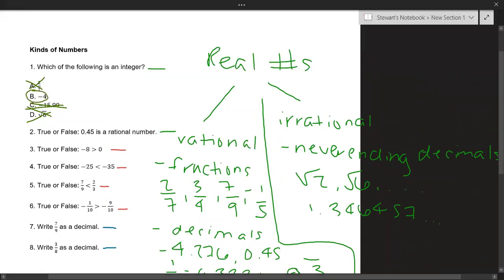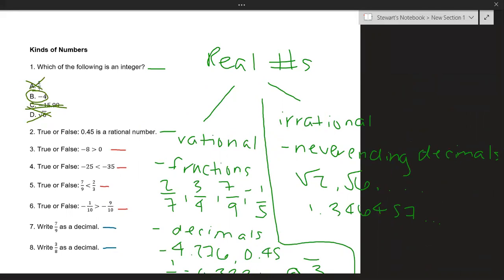So -4. Okay, perfect. And now piggybacking off of that, true or false, 0.45 is a rational number. Well, as we just saw here, and in this example as well, it's a terminating decimal, has a finite number of places after the decimal point, and it could be expressed as a fraction.